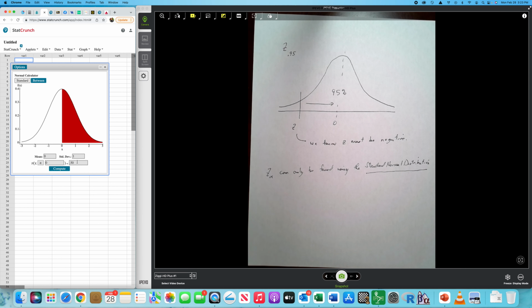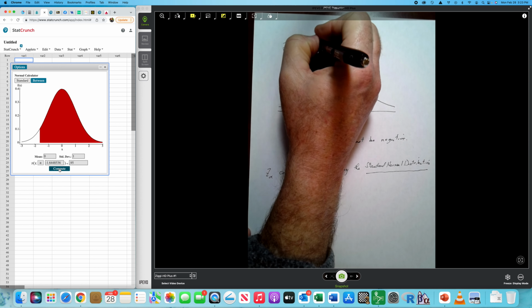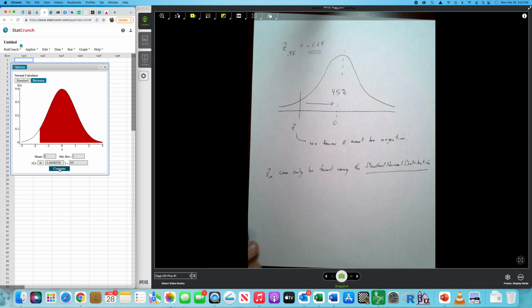So above 0.95, negative 1.64. All right, and when you do these problems in MyStatLab, just make sure you round accordingly.